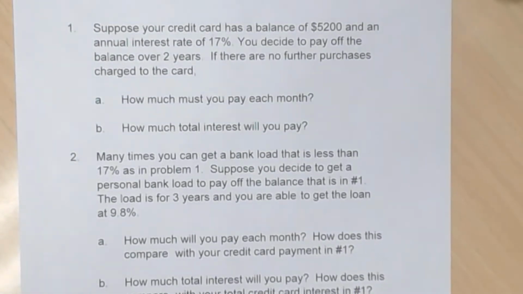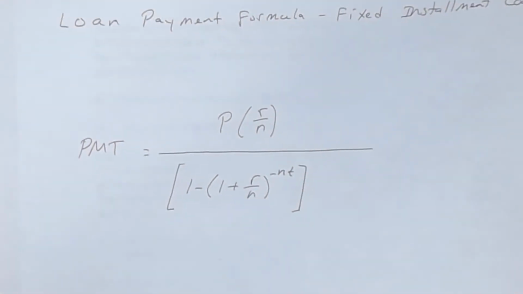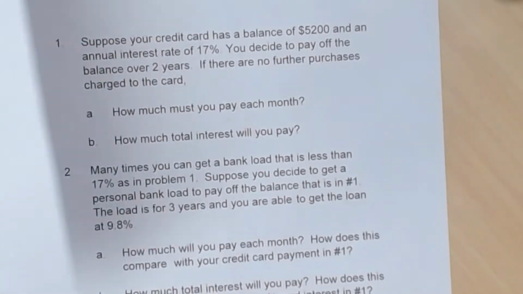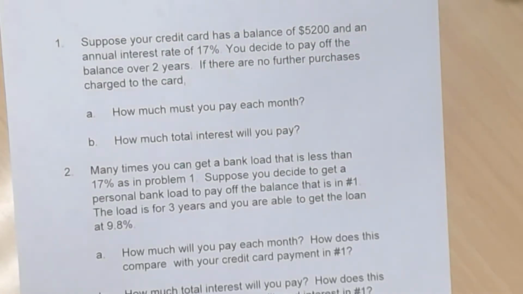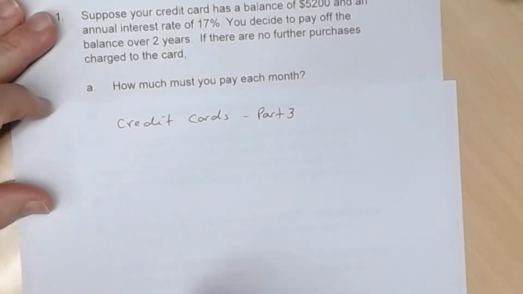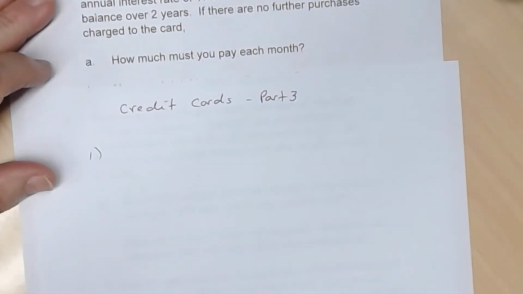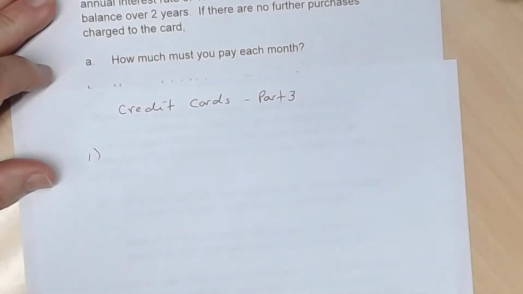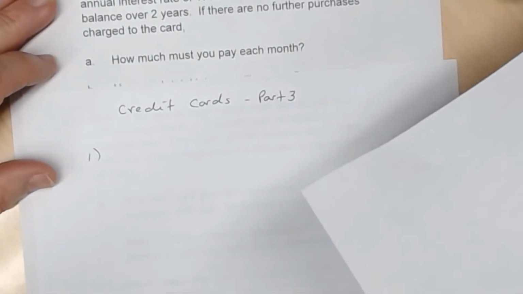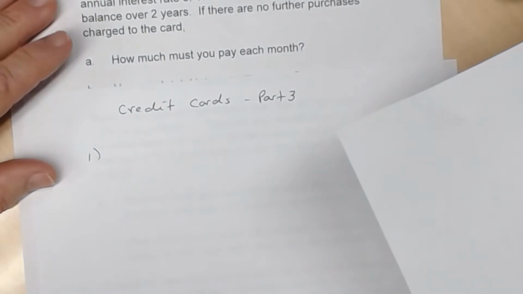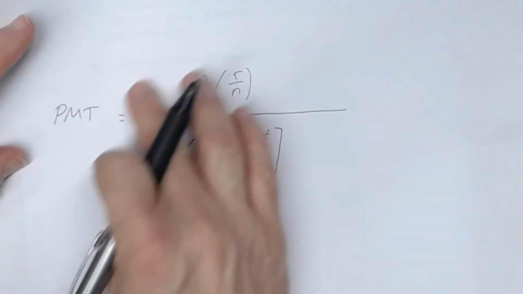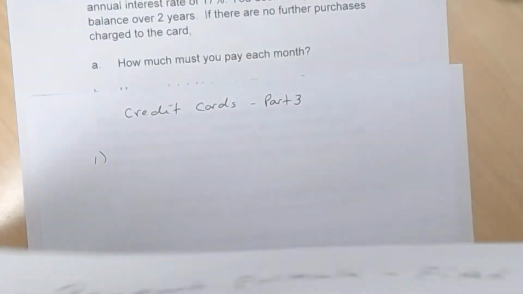Okay, so we're going to use this formula here. So the monthly payment, we're going to use this. All right, number 1. When you do the problem on your assignment, make sure, just like you did when you dealt with car payments and mortgage payments, that you show what you're substituting into this formula.